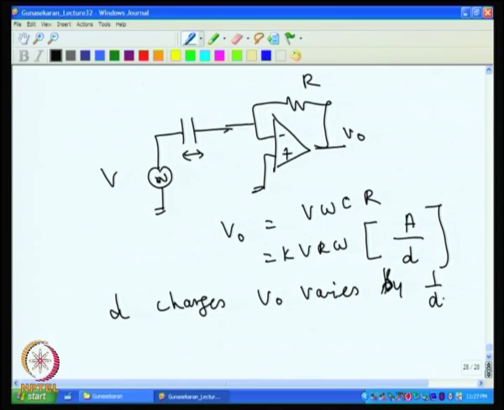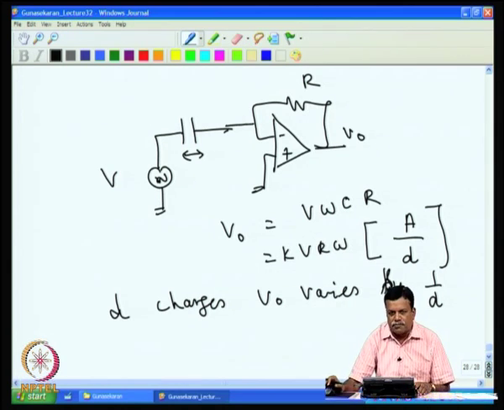So, this is not going to be truly linear for displacement, because the more D is varied, the more it varies in the 1 by D fashion. So, even though C is varying, for a large distance the output voltage will be very small.